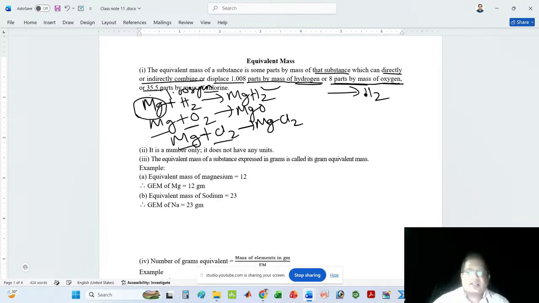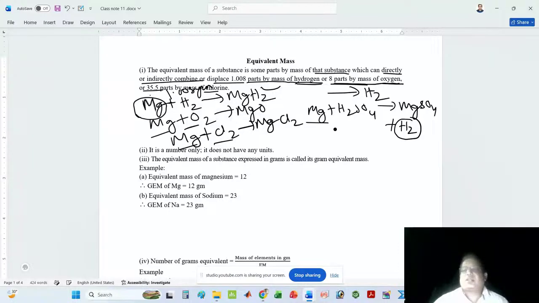For example, Mg plus H2SO4 gives MgSO4 plus hydrogen. What amount of magnesium is taken for the release of 1.008 gram of hydrogen? That is called the equivalent mass of magnesium.